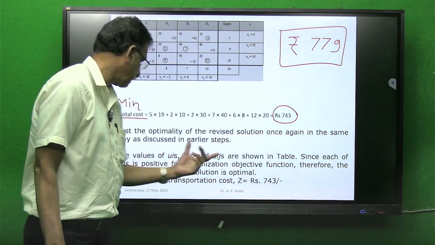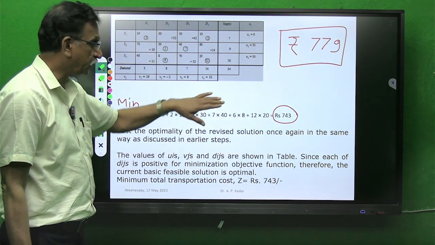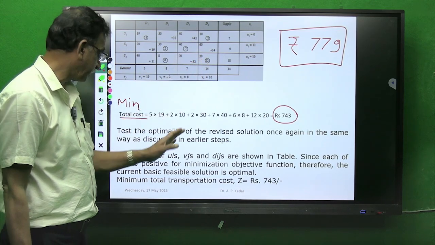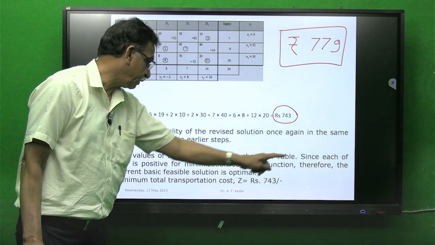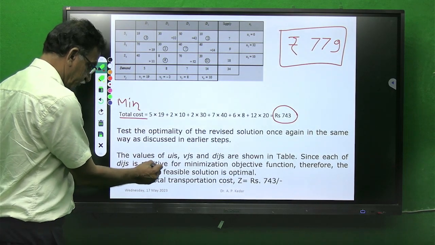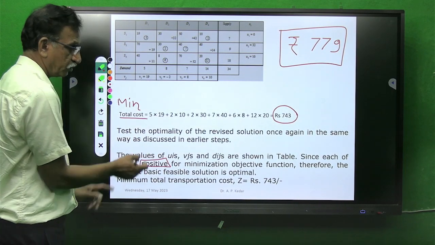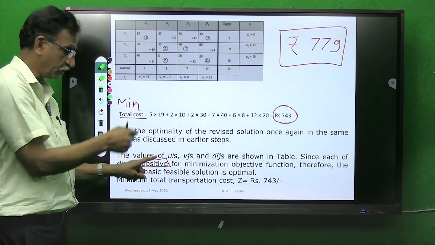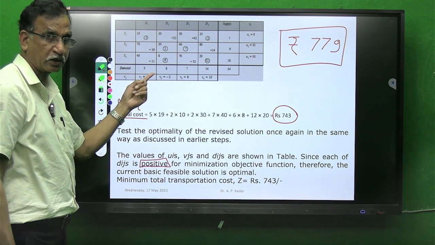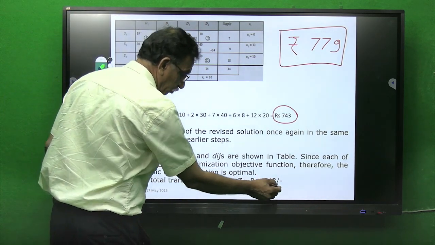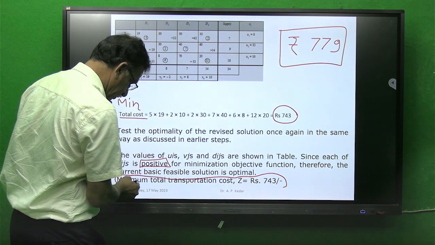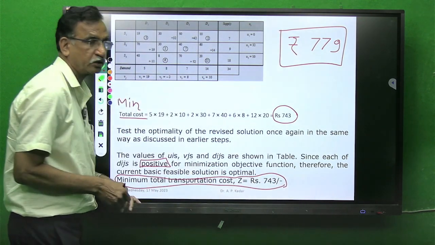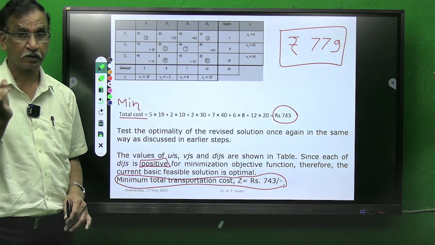Once again, it is the same as discussed earlier. The values shown in the table in the earlier slide are each positive. Since the values on the previous slide are positive, this second improved solution is optimal with this minimum transportation cost. So here this problem ends.